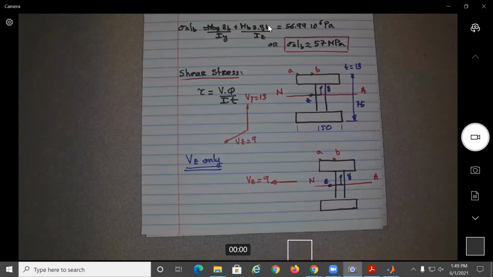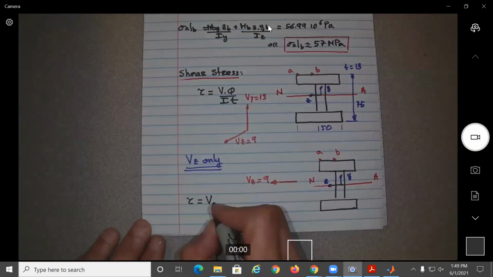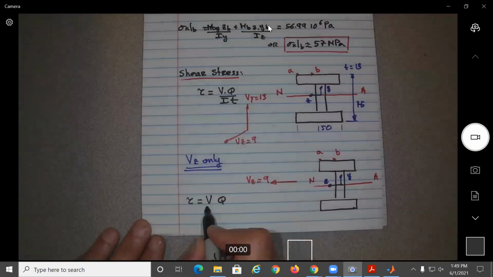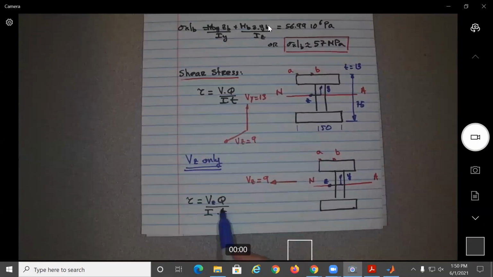Okay, so the equation to solve this one would be tau equal V Q divided by I T. So basically, we know this is due to Vz. Q, I'm going to leave it as it is over here. The I should be what? Should be I of Y or I of Z?